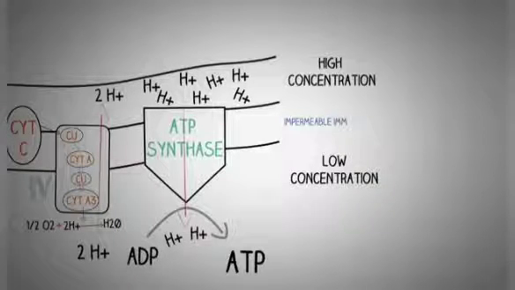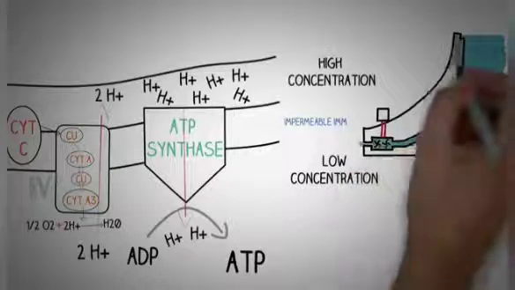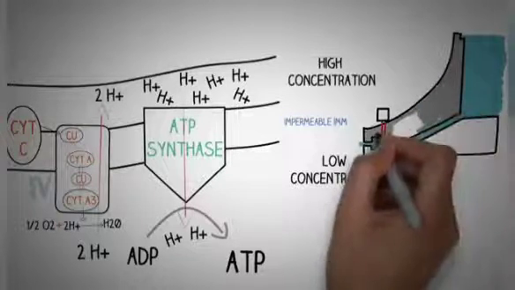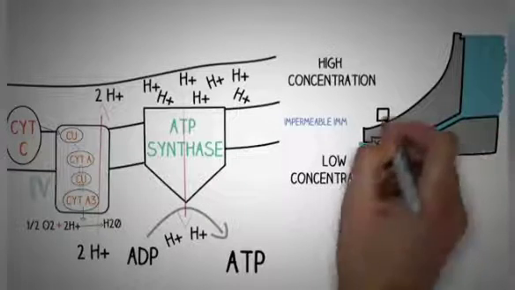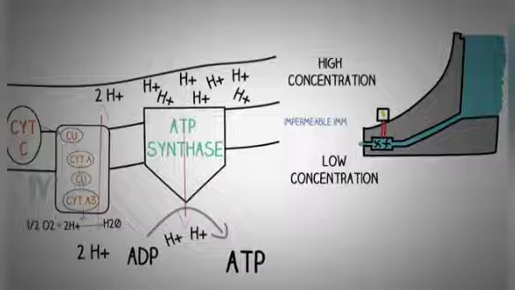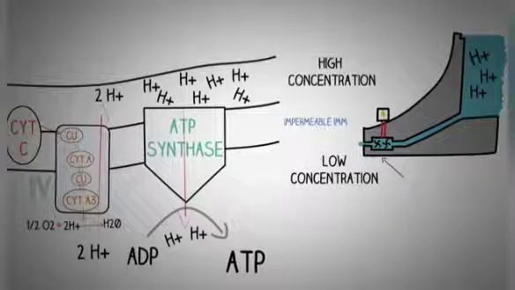The working of ATP synthase can be compared to the working of a hydroelectric power project. The water that is collected behind the dam can be compared to the hydrogen ions in a higher concentration in the intermembrane space. The turbines of the dam can be compared to the enzyme ATP synthase.